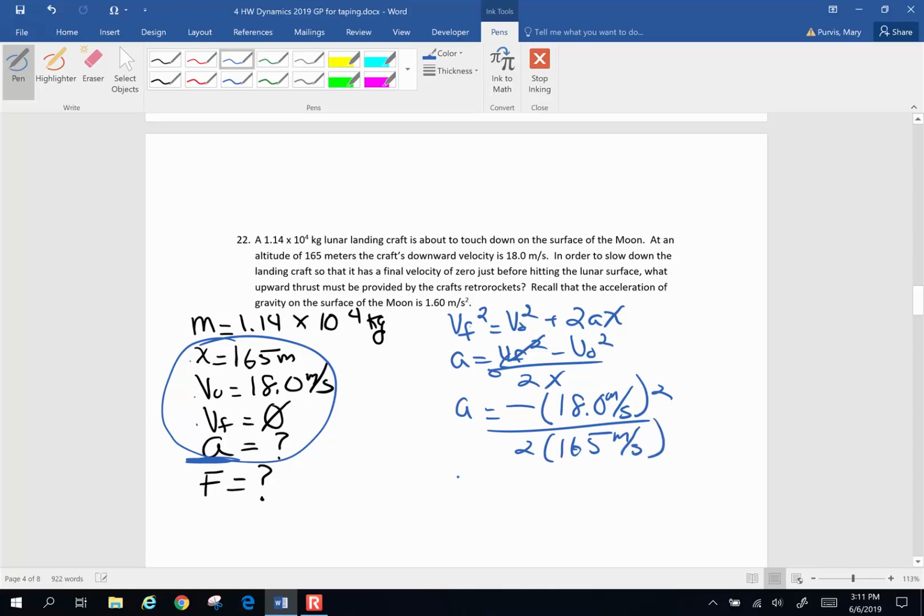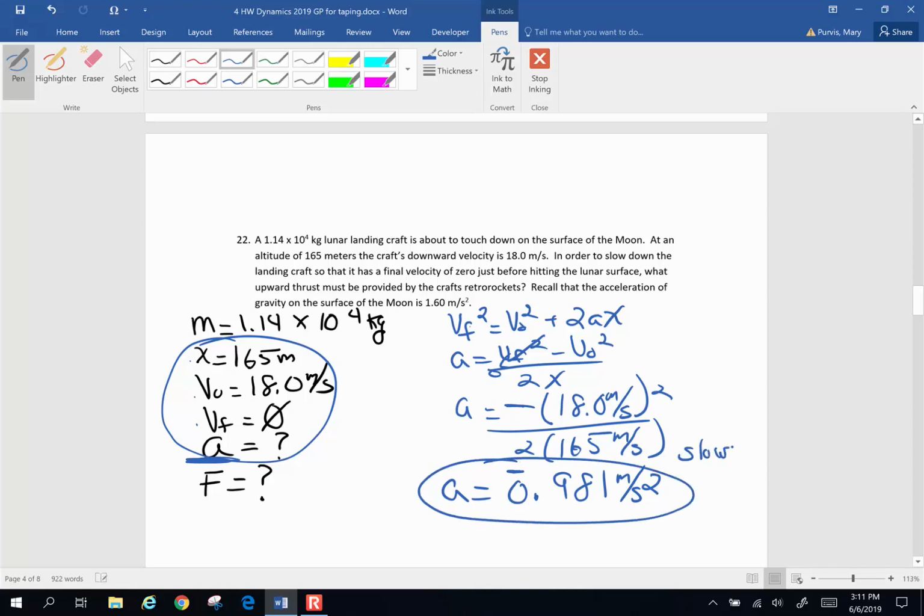So when I throw all of that in my calculator, I end up with 0.981 meters per second squared. And this is a negative, and what does that mean? That means that this is going to be slowing the rocket down as it is descending down to the surface.